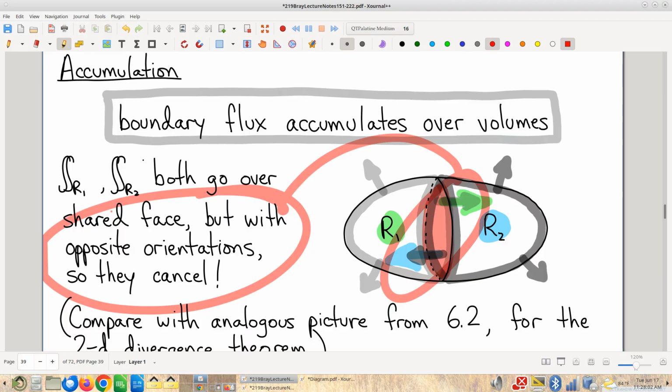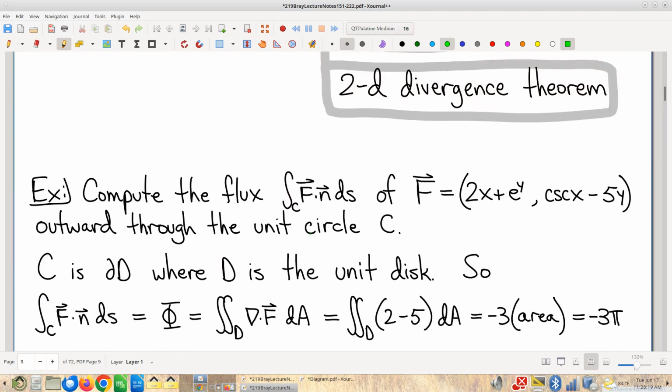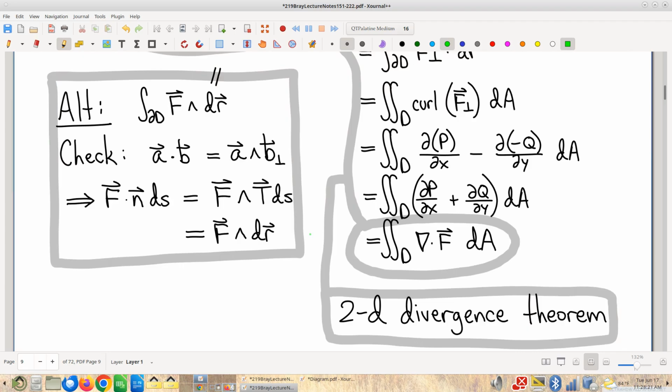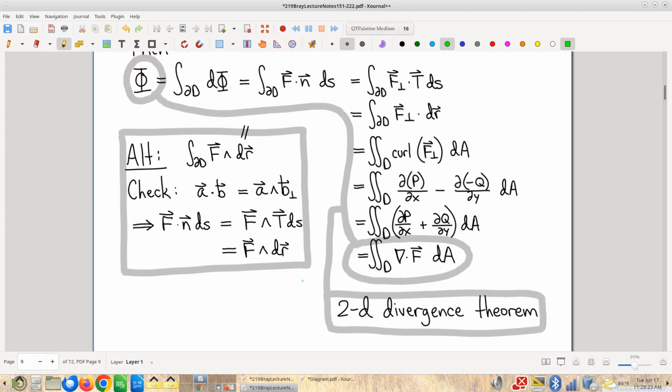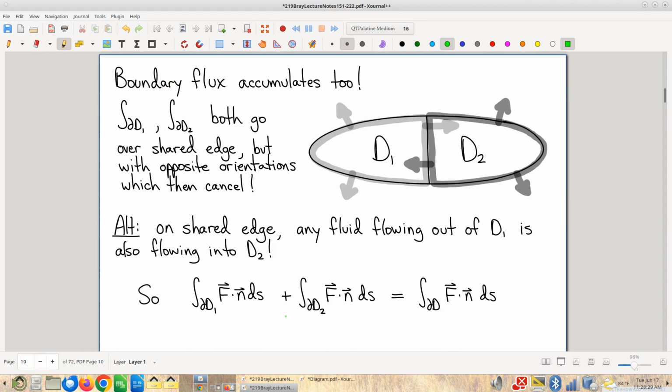Everybody good? We saw this with Green's theorem, and kind of with the fundamental theorem for line integrals. By the way, we saw it previously also with 2-dimensional boundary flux. You remember we had this 2-dimensional divergence theorem that we talked about as kind of a special case of Green's theorem, until I made the observation that, hey, boundary flux is an accumulating quantity.